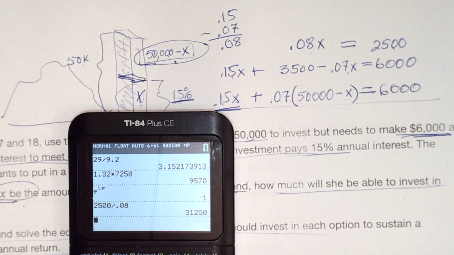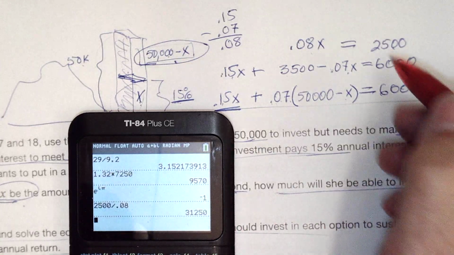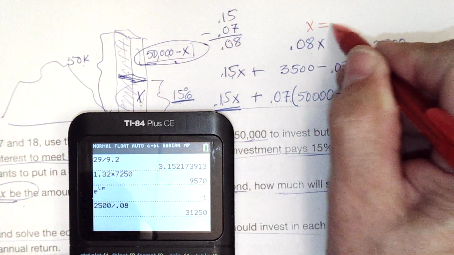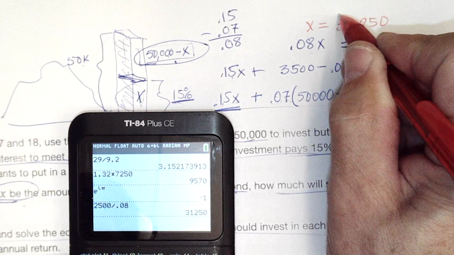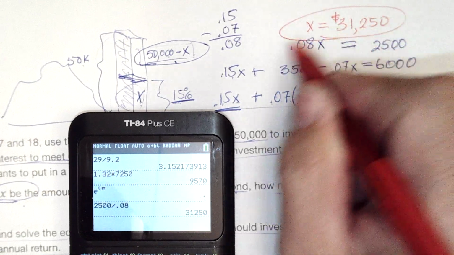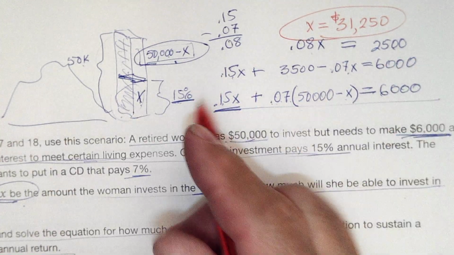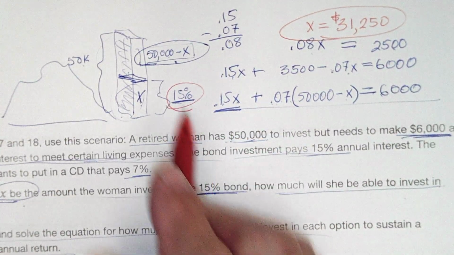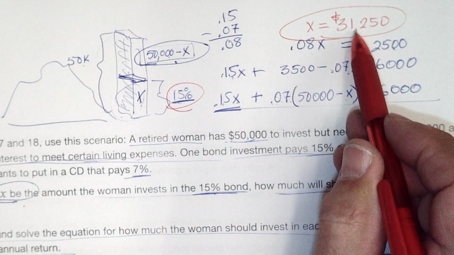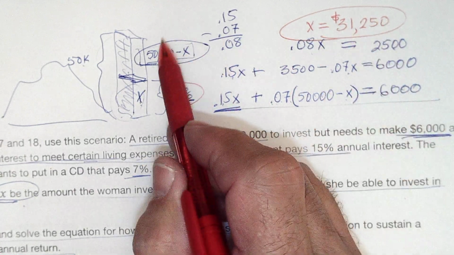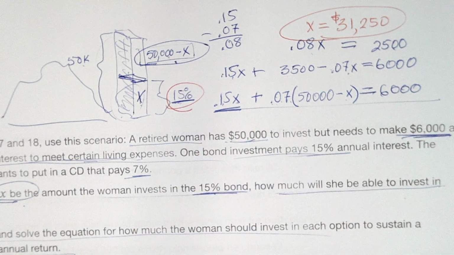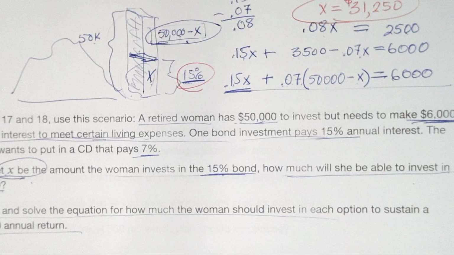So 31,250. That's how much she should invest at 15%, and 50,000 minus that, which should be 18,750, she would invest in the other amount. Okay?